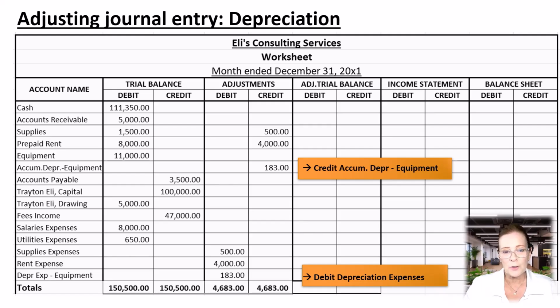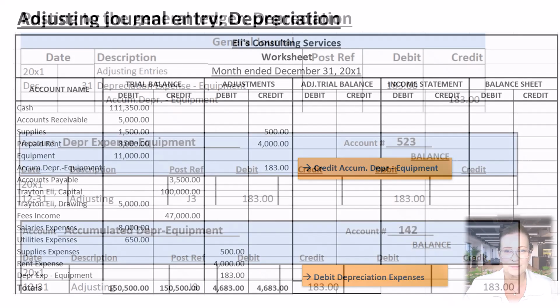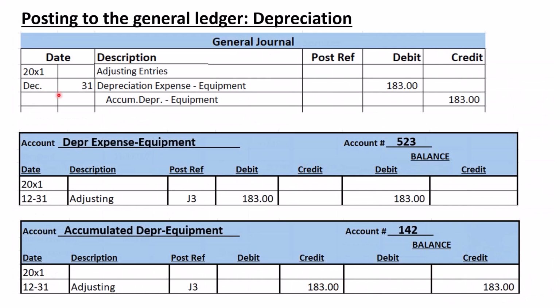The third transaction is for depreciation. When we prepared the worksheet, we debited depreciation expense equipment and credited accumulated depreciation equipment for $183. To record that entry in the general journal, we write the date into the date column, depreciation expense equipment into the description column, and the amount of $183 into the debit column.